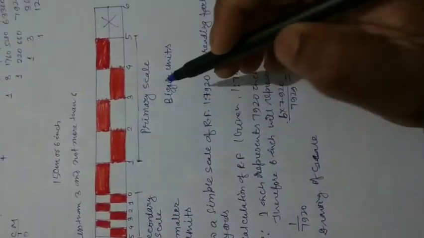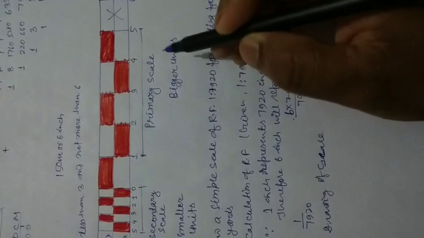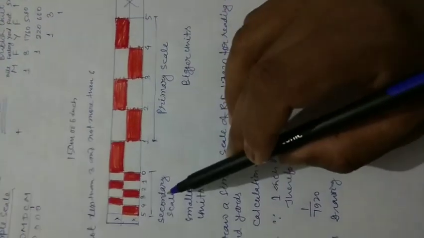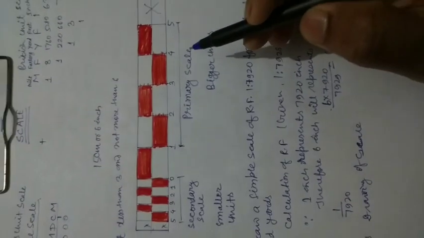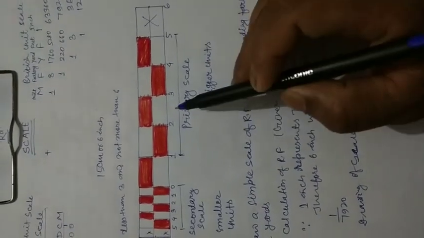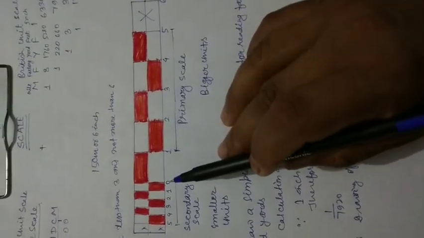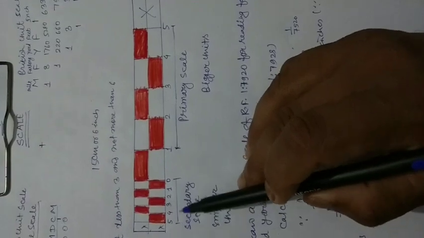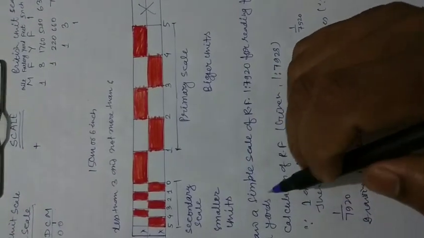Here we have two sections of this scale. One is the primary scale and the second is the secondary scale. In the primary scale, bigger units are counted. Suppose that you have centimeter and kilometer with RF. Kilometer is counted on the right side of 0. That means this is the primary scale. And centimeter is counted on the left side of the 0. That is the secondary scale.